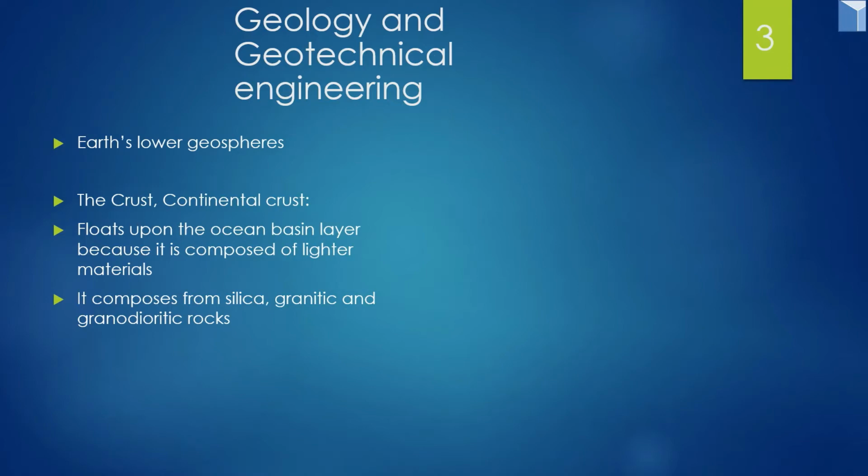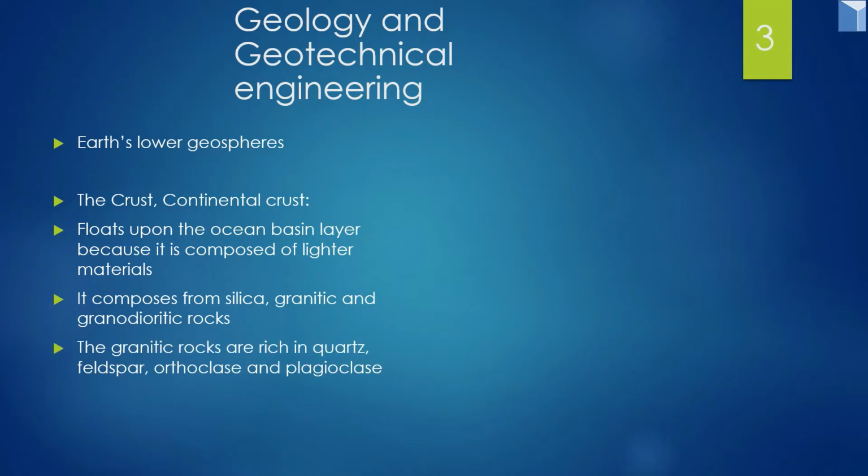The granitic rocks have a source magma, which is acidic magma, and the granodiorite is a composition between the mafic, basic magma, and also the acidic magma, and both magmas have a source from the mantle of the earth. The granitic rocks are rich in quartz, feldspar, orthoclase, and plagioclase minerals.